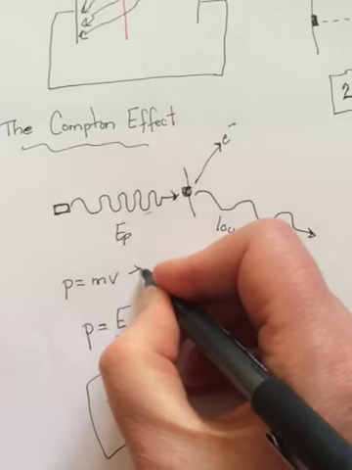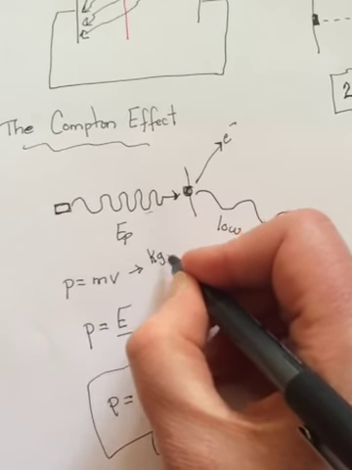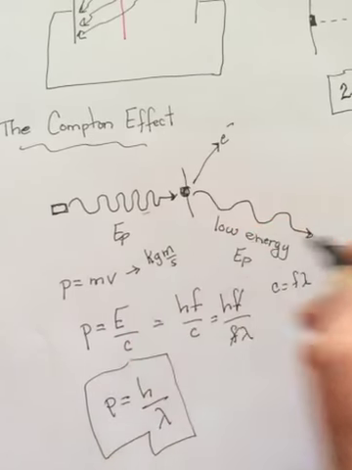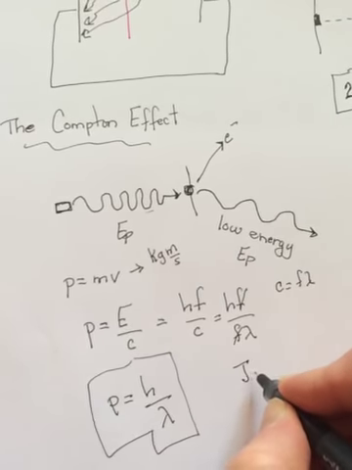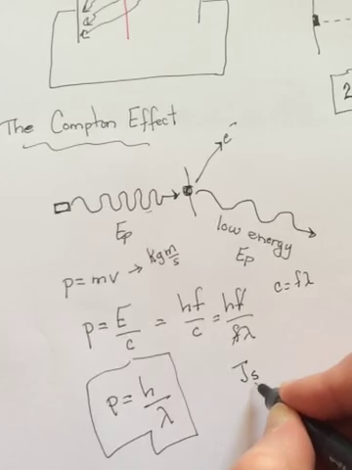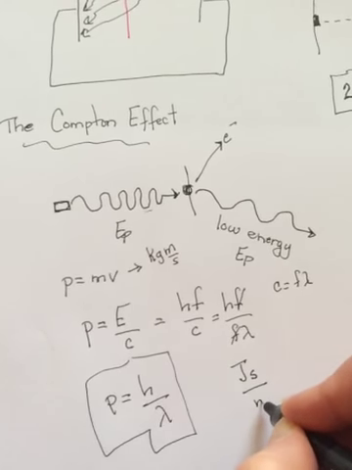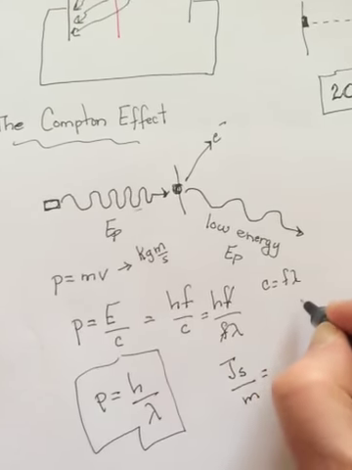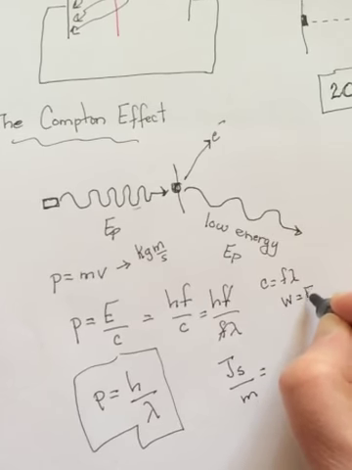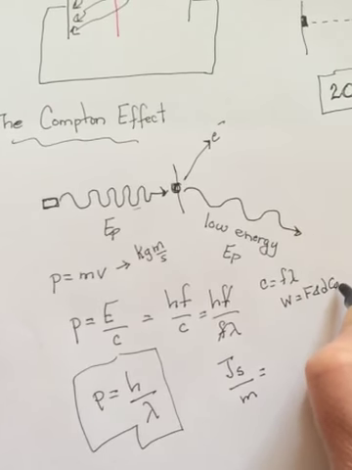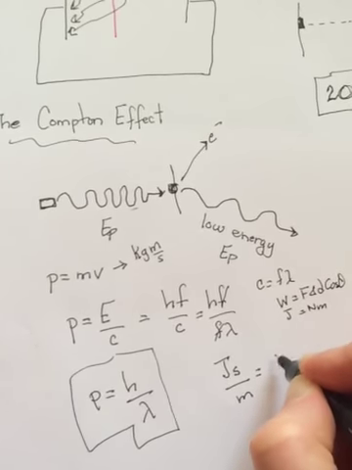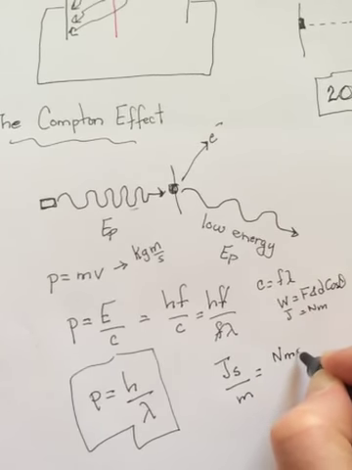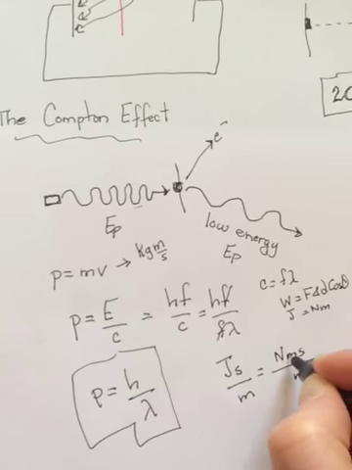From this equation, we can see that the units for momentum are kilogram meters per second, just in case you don't remember them. If we do the units down here, Planck's constant is joule seconds, and wavelength is meters. But we know from work equals F delta d cos theta that a joule is a Newton meter. So we have a Newton meter second over a meter.